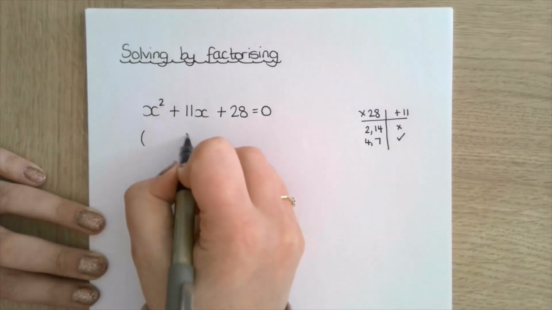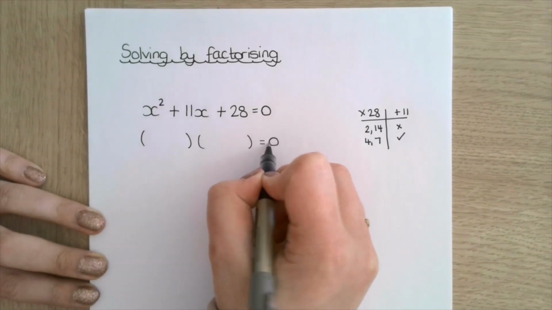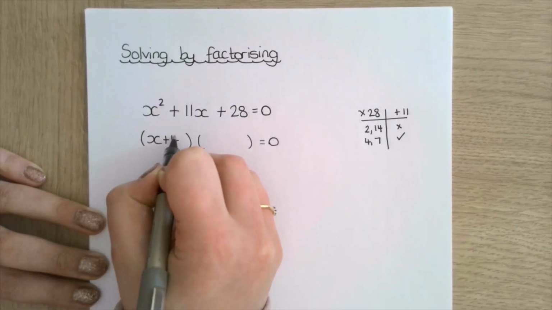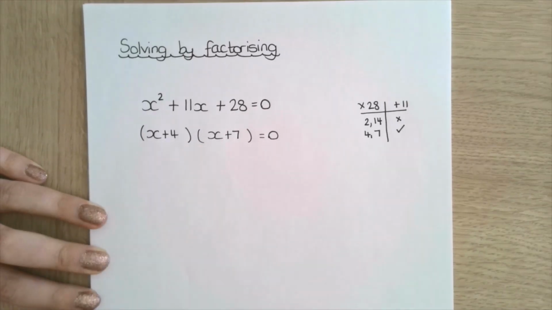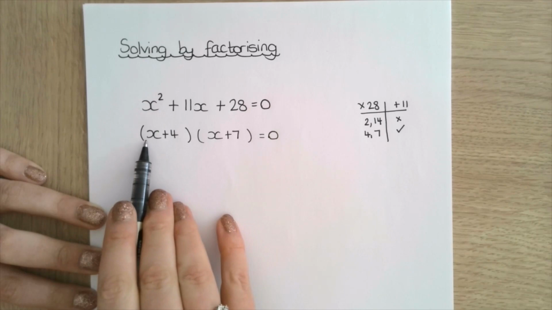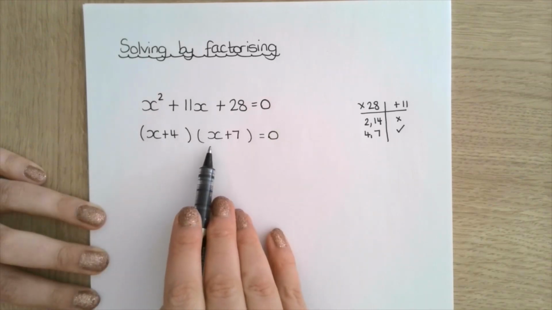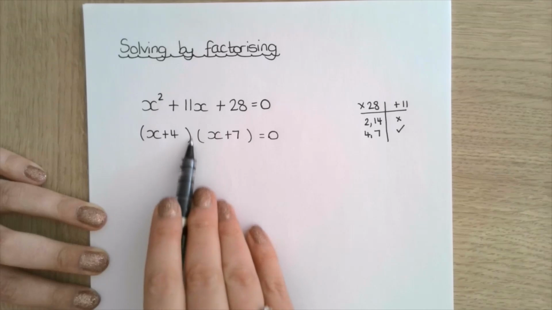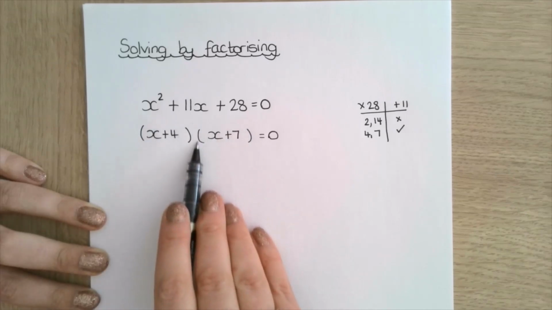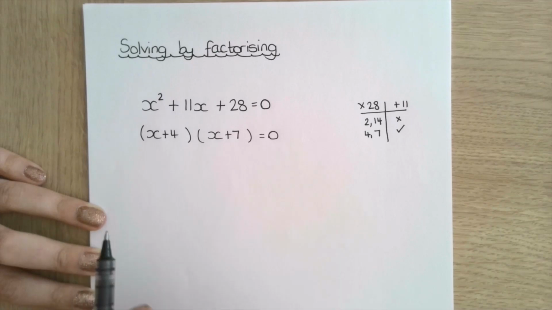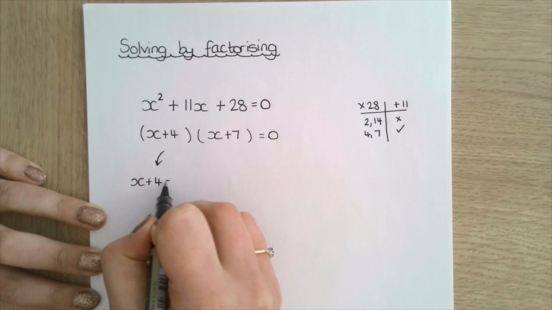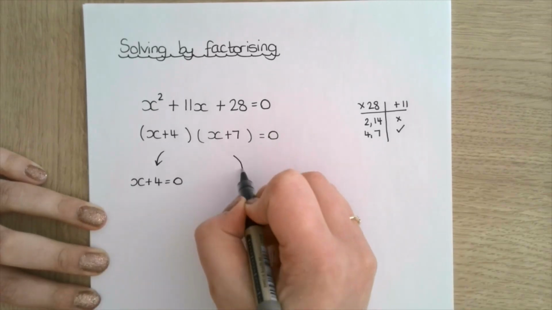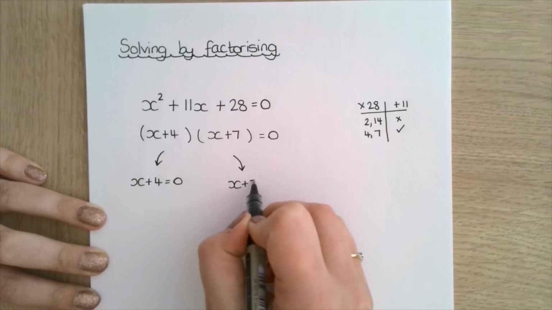So what I've got here when I factorise this is x plus 4, x plus 7. Now we know from our expanding brackets methods that we've done previously, we know that this bracket is multiplying this bracket, and therefore whatever number this comes out at multiplied by whatever number this comes out at, the answer is 0, which means either this bracket x plus 4 has to be equal to 0, or we could have x plus 7 equals 0.